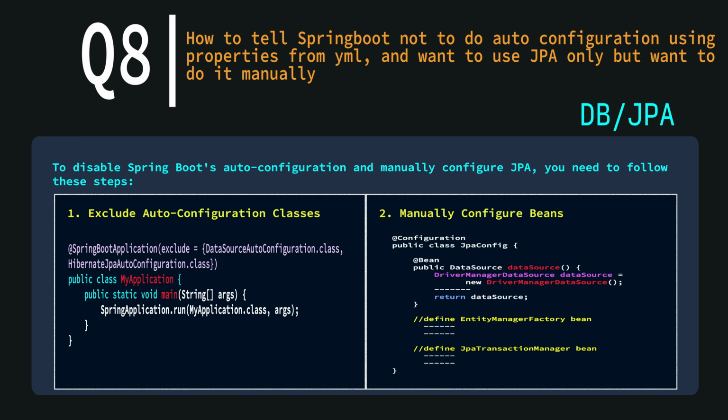For this we have created a class JPAConfig using the @Configuration annotation, and inside that the first method will return a data source, and we're instantiating this data source using the DriverManagerDataSource. Okay. So as usual we provide the properties required for the data source like database URL, username, password and the driver class, etc. Similarly, we have to define the other two beans, that is entity manager factory and JPA transaction manager. Okay, this is all about the manual configuration for Spring Data JPA.